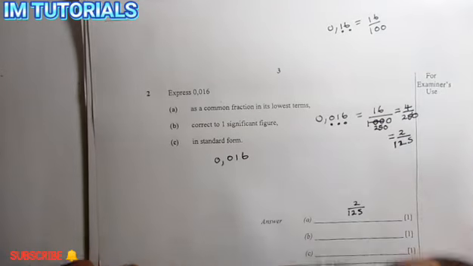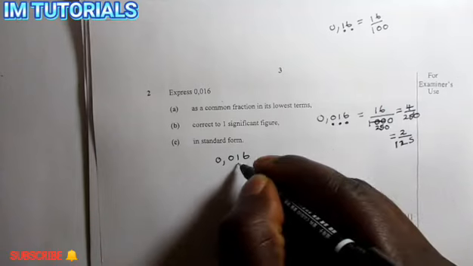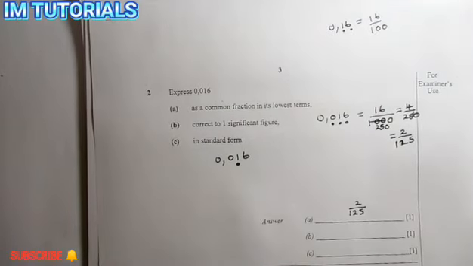0,016. Express 0,016 correct to one significant figure. When it comes to significant figures, the first zeros are ignored when counting. So the first significant figure that we have is 1, and the number after it is 6, which is 5 or more.